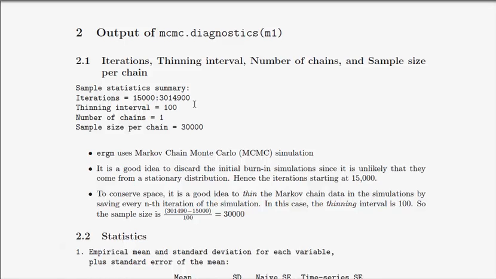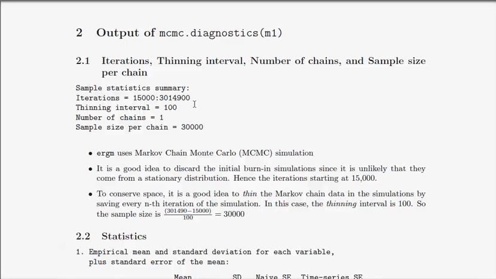In this case, the thinning interval is 100, so the sample size is 3,014,900 minus 15,000. That is the non-burnt-in iterations. Of them, you're going to select every 100th. So divide by 100, 30,000. So the sample size per chain, there is only one chain here, is 30,000.